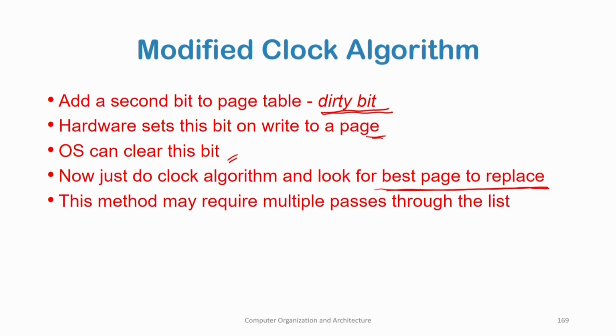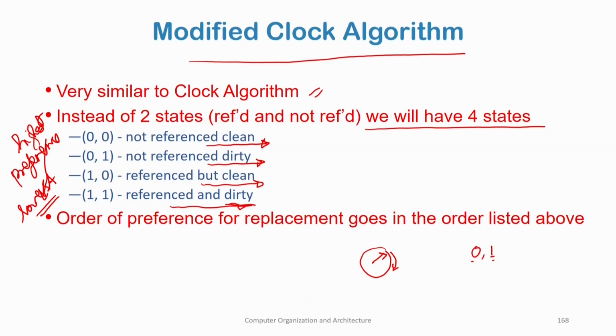But now, this method may require multiple passes through the list. Firstly, I will go through one round, trying to find a page whose both bits are clean.